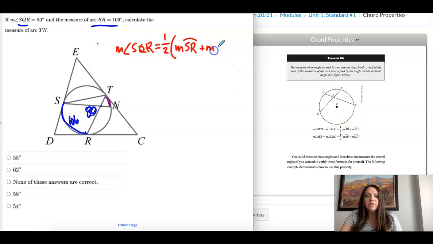Plus the measure of arc TN. So if I take half the arc lengths, I'm going to get one of those angles.